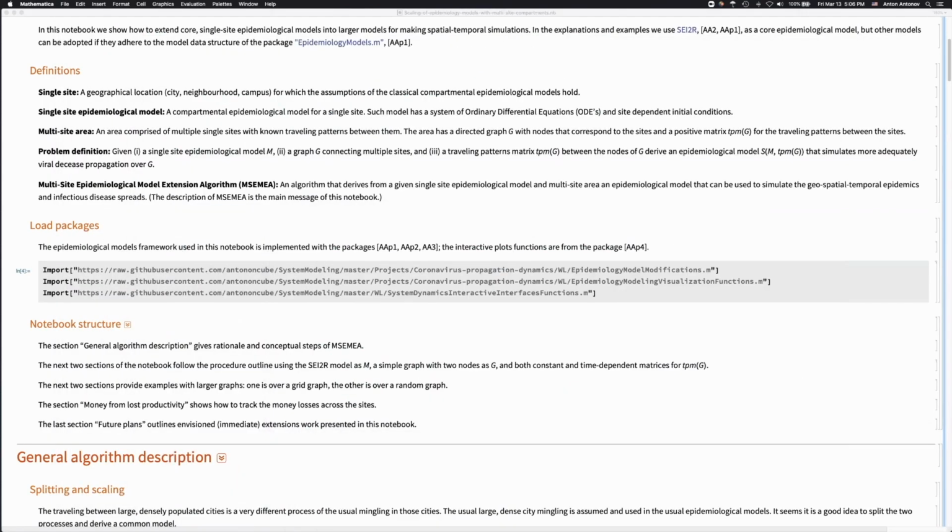So I have a certain model, like say an SEIR model on a single site, and I want to distribute this model across a network of sites. This multi-site area has multiple sites, and we know the traveling patterns between those sites. The algorithm I'm going to be describing, MCEMEA, stands for multi-site epidemiological model extension algorithm. I'm just going to call it the multi-site algorithm.